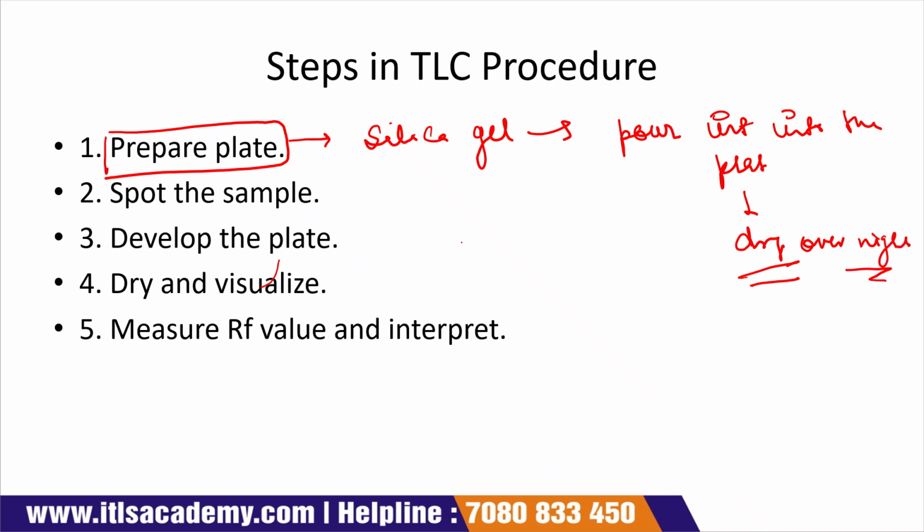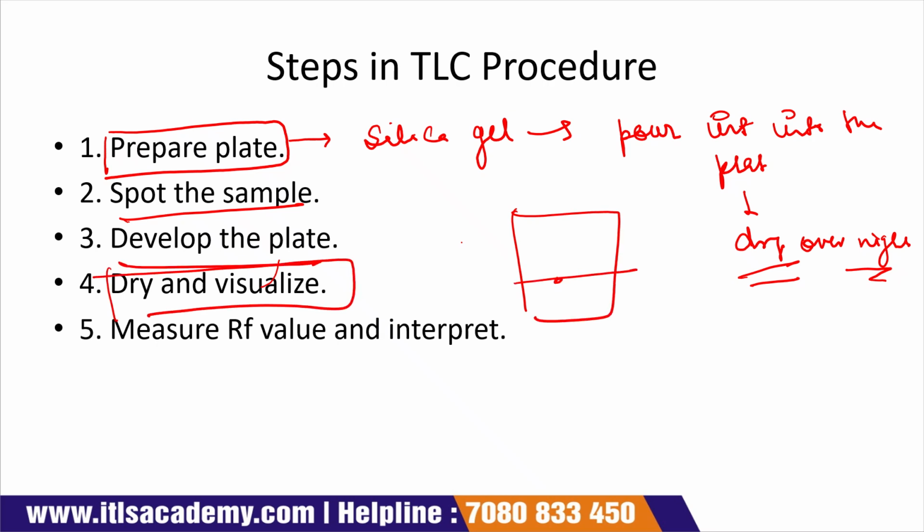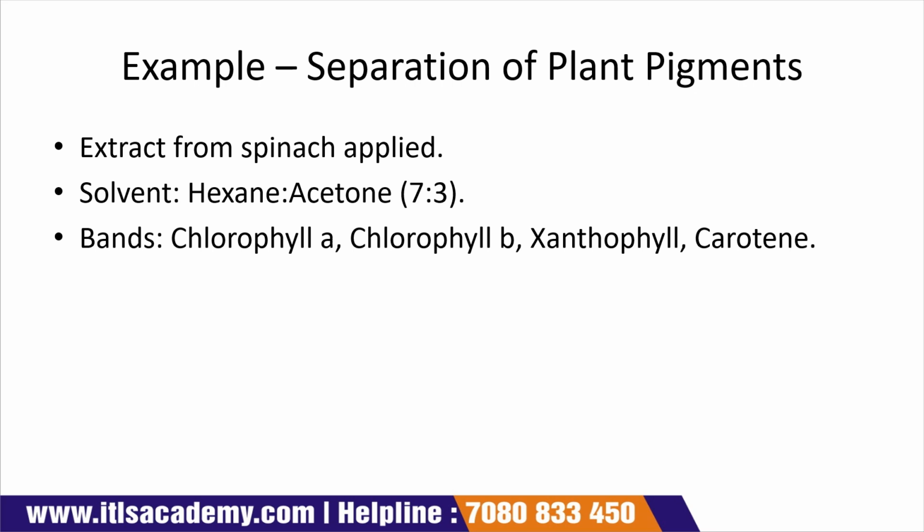Then spot the sample on the plate, then develop the plate, then dry, visualize, and measure the RF value. The detailed procedure will be discussed in the next lecture, in which we see how we perform the TLC method.